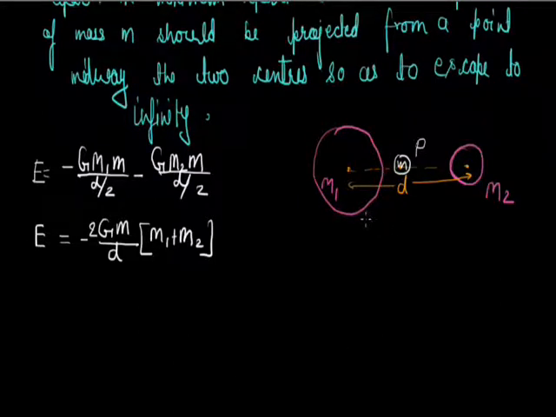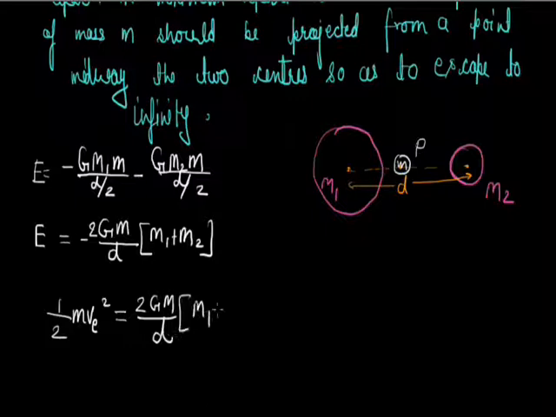Which means we can say that due to this energy it is bound here, and if we want this particle to escape from the gravitational forces of these two masses, then at least an equal amount of kinetic energy should be provided to that particle. So kinetic energy half m v e square, where v e is the minimum escape velocity for the particle, should be equal to 2 G m upon d into m1 plus m2.